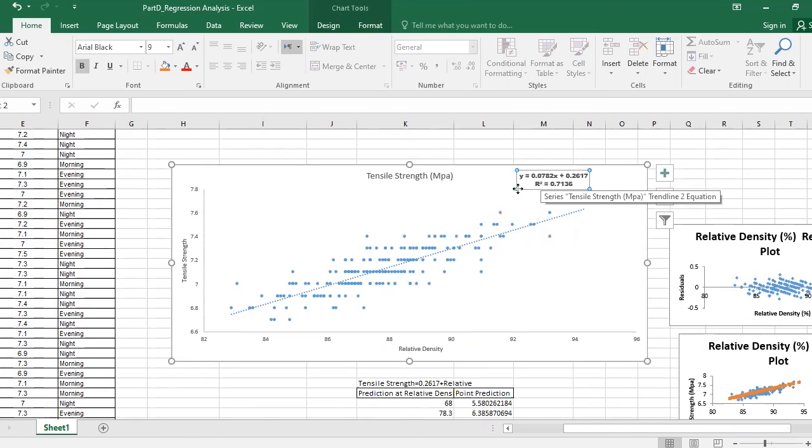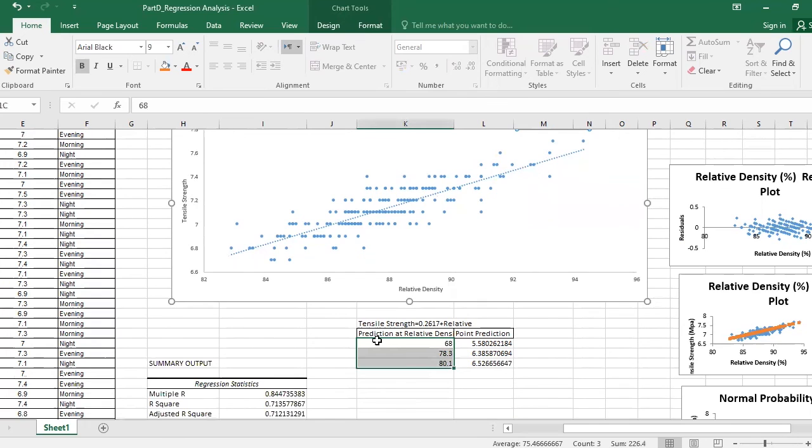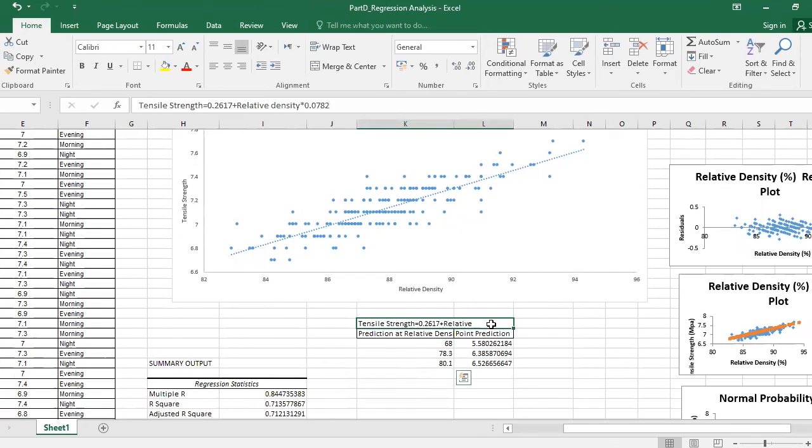The R squared, which in this case is 0.7136, indicates a quite strong correlation between the two data, and the slope shows the real relationship between x and y. By substituting the values of x into these numbers, we can predict the corresponding tensile strength using this formula.